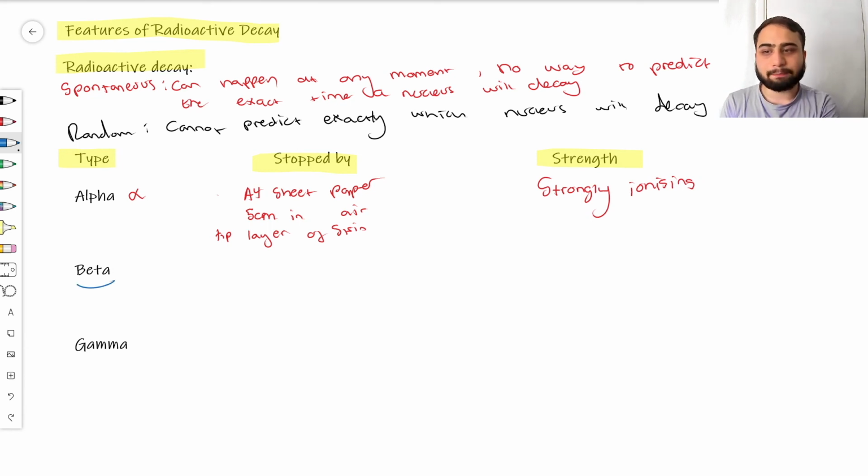Now let's have a look at beta. Now remember, beta are high-speed electrons, or rather E minus. Okay, because they're moving so fast, they can travel a bit farther, so they have a range of 3 meters in air. Now these values like 3 meters, 5 centimeters, these can vary a bit, but if you say a meter in air, that should also be fine. But something that is very commonly quoted also is 3 millimeters of aluminium.